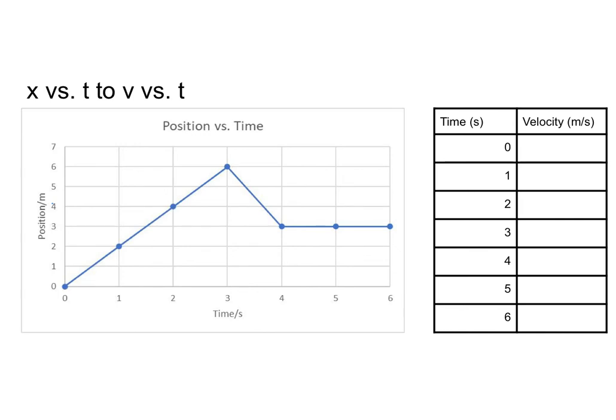Once I have a position versus time graph, I can start calculating my velocity versus my time. Velocity is defined as my change in position over my change in time, my displacement over my time. Looking at my graph, the change in position is the rise in my graph. It's how far I go up or down the y-axis.